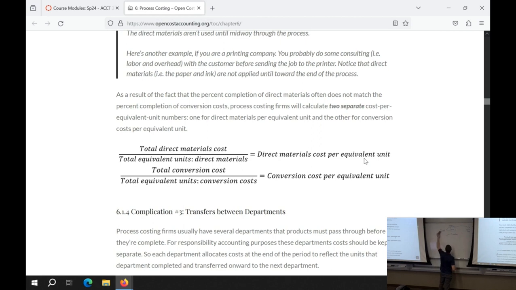So I want to jump down to the T accounts and tell you why we want to do this. What we want is a low trace method for deciding something.